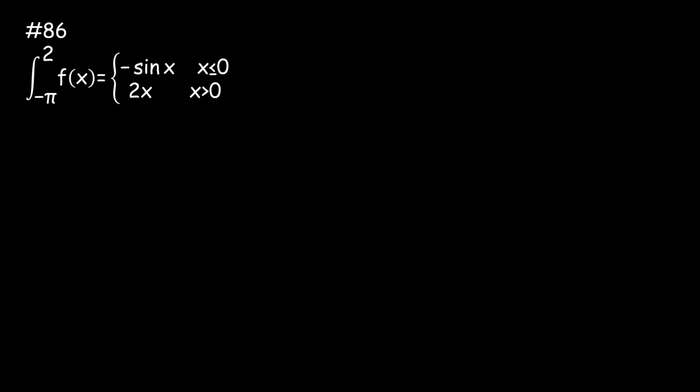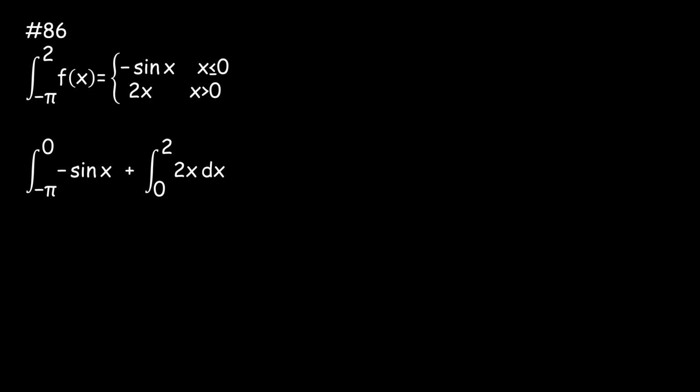Now negative pi is actually less than 0. So we need to break this up into two parts. We have the integral of negative sine x when it goes from negative pi to 0, and then the integral of 2x when it goes from 0 to 2. Okay, what's the integral of negative sine?